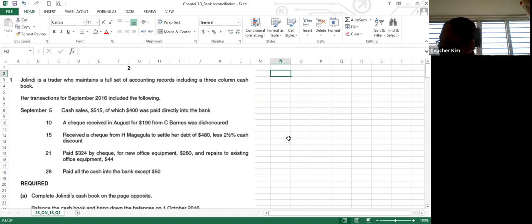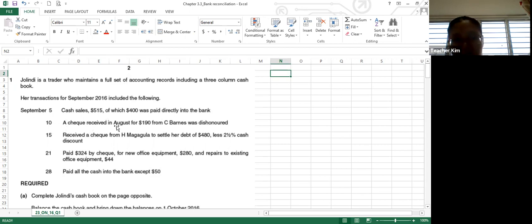Question number one says that Jordan D is a trader who maintained a full set of accounts, including the 3-column cash book. So this combines the cash book topic, the basic accounting topic, and the bank reconciliation. Her transactions for September 2016 include: cash sales 515, of which 400 was paid directly into the bank.